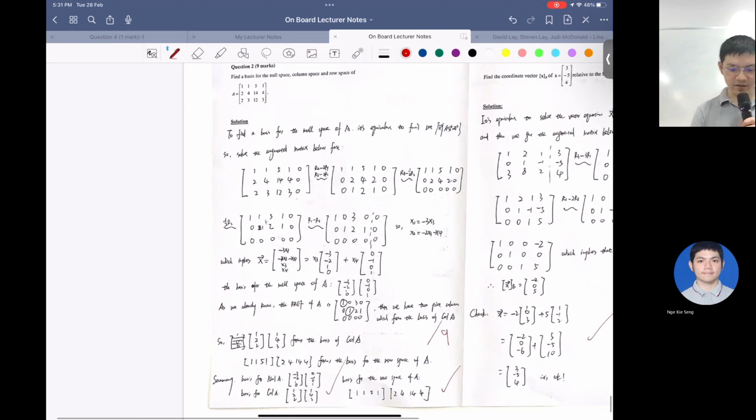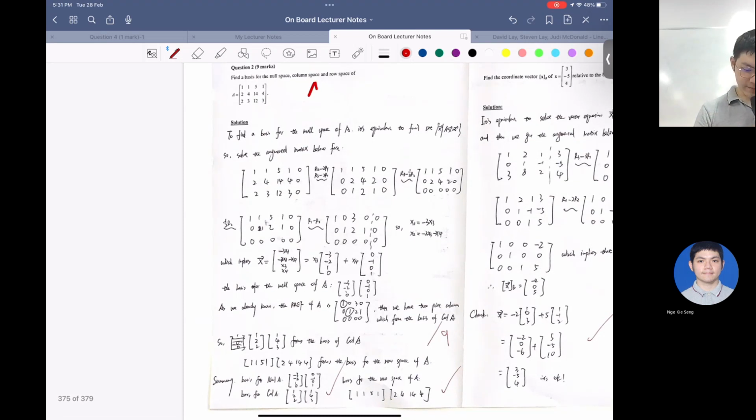Question 2, find the basis of the null space, column space, and row space. Okay, so in principle you might row reduce two different things, but actually what you are reducing is just A. So row reduce your A, and then check how many pivot columns you have.